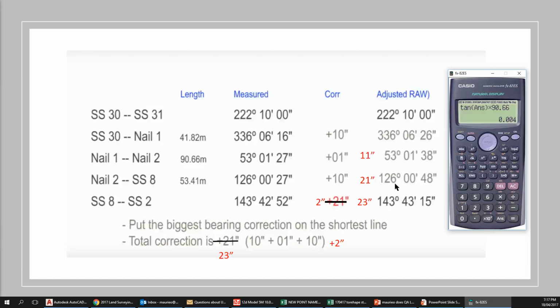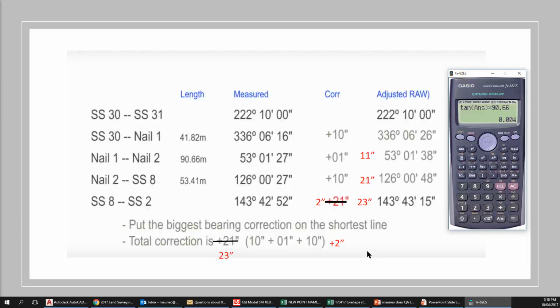and that's where we get 126.0048. Now what I've also done here is added in another 2 seconds just to make everything fit with the numbers that we've got, and we can see we've got 42.52 plus 23, which would give us 43.15. So a bit of an error there. That should be 23, and the correction should be a 10, a 1, a 10, and a 2.